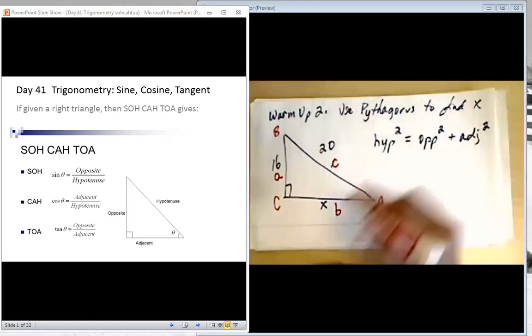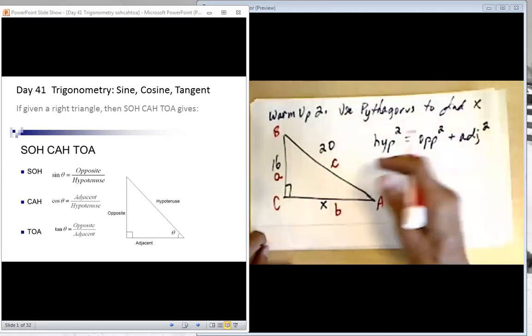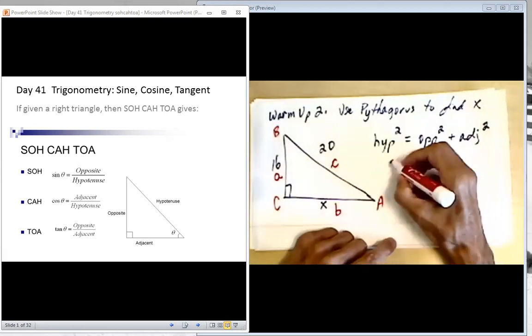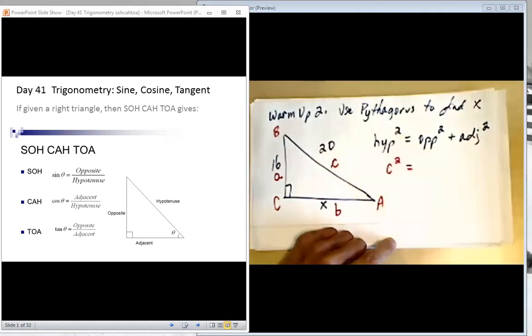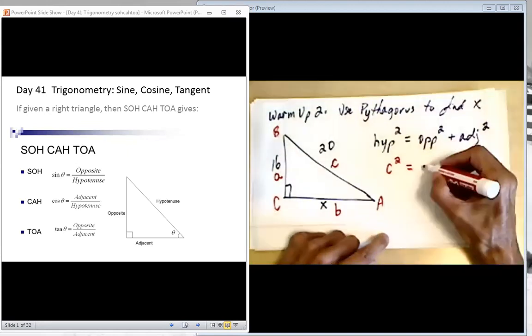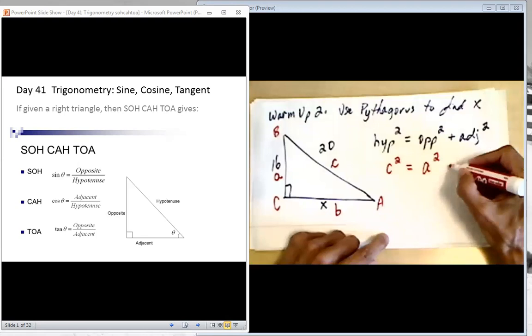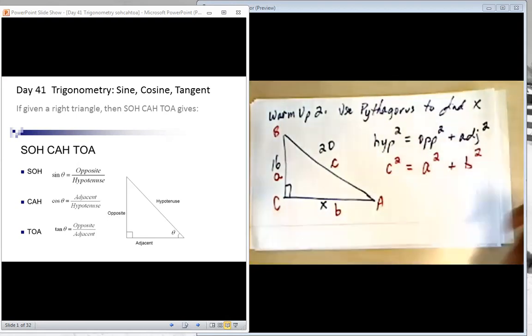So then, updating it with the letters, we get the usual form that Pythagoras gave us a long time ago. C squared is equal to a squared plus b squared.